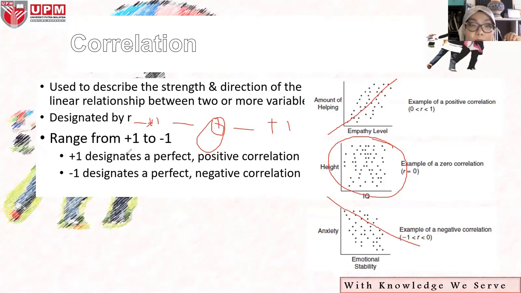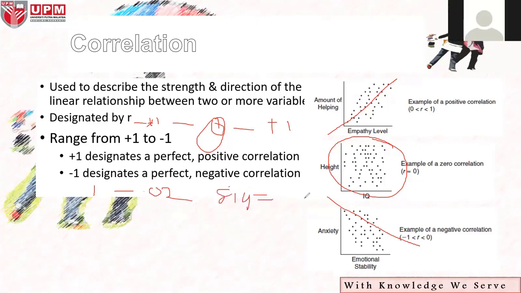Let's say I ask you: if the result indicated a negative 0.02, and the significance equals 0.01, is there any relationship or not in this result?